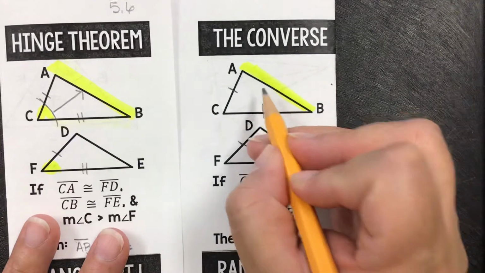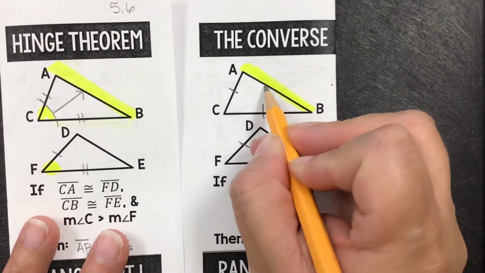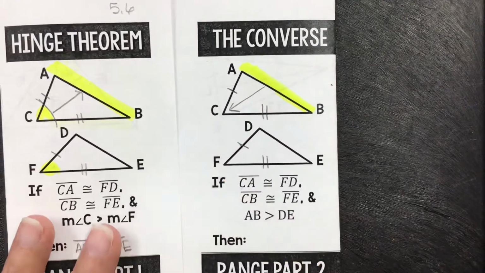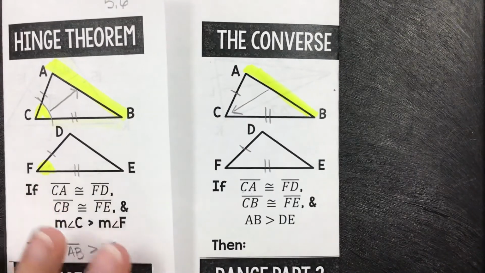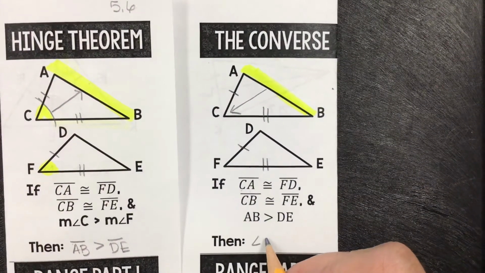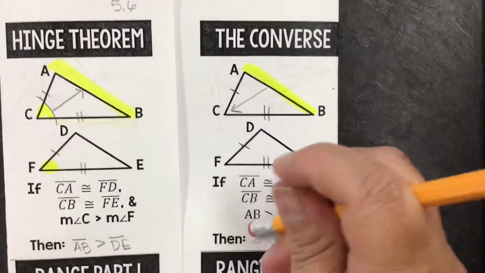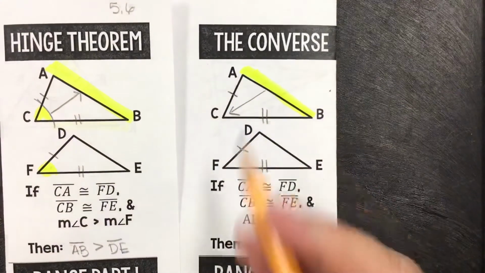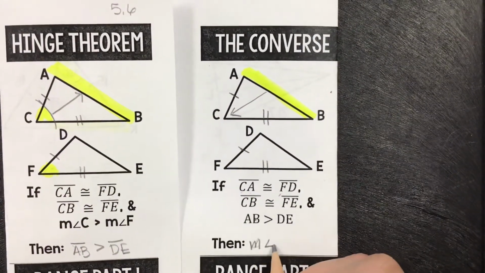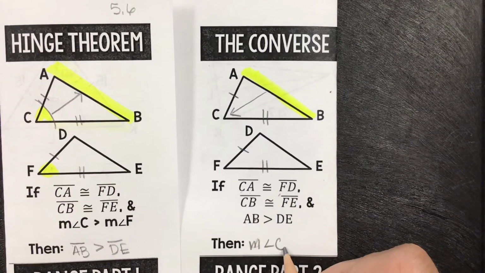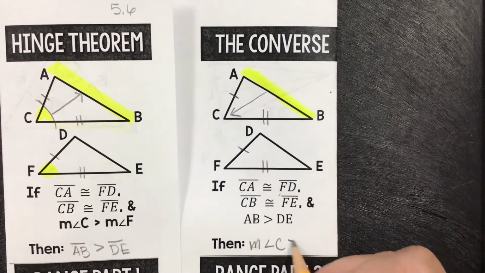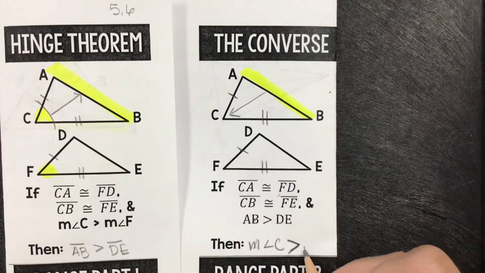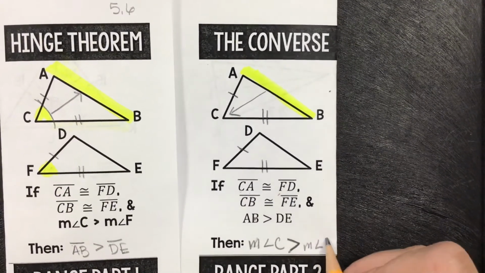So because this side is bigger, I know that this angle has to be bigger. That means that angle, and we're supposed to write the measurement because we're making an inequality, so the measurement of angle C is greater than the measurement of angle F.